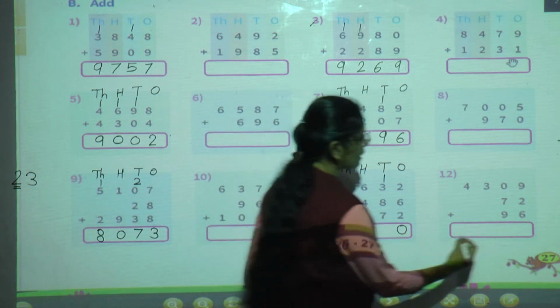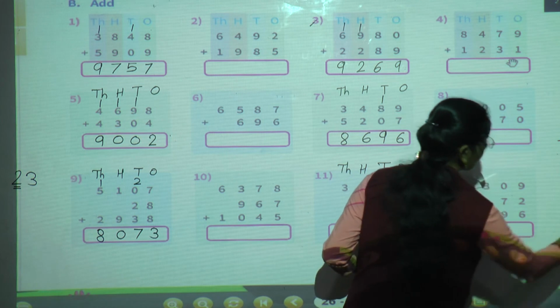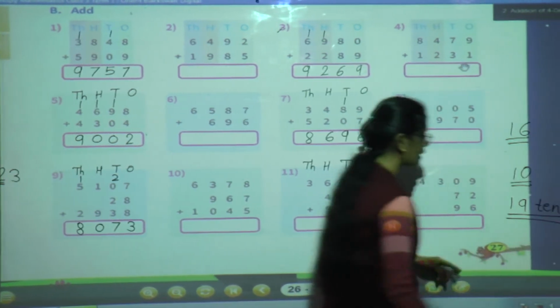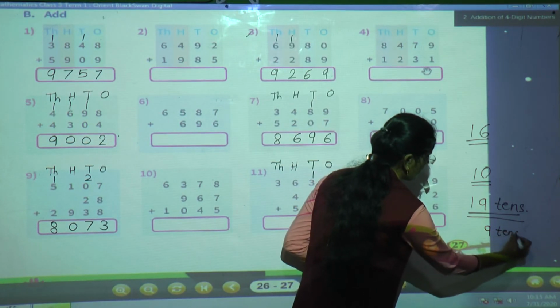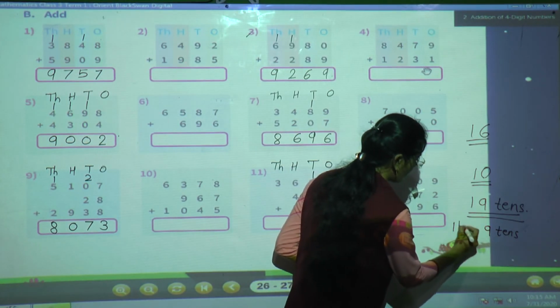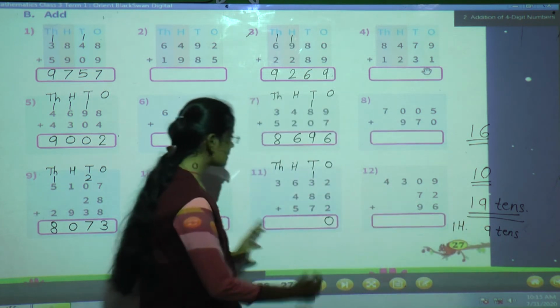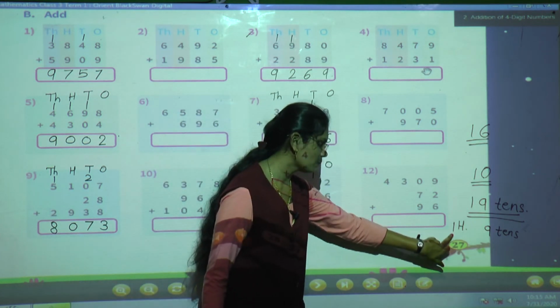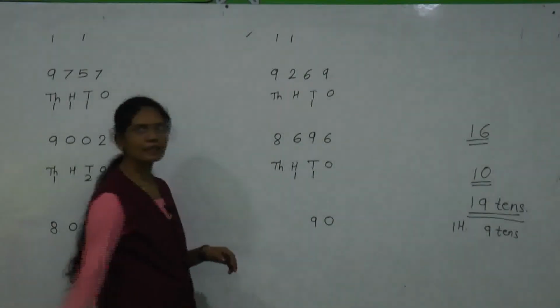So 19 tens means 9 tens and 1 hundred. So at tens place we will write 9 and this 1 hundred means we will give this 1 as a carry to the hundreds place.